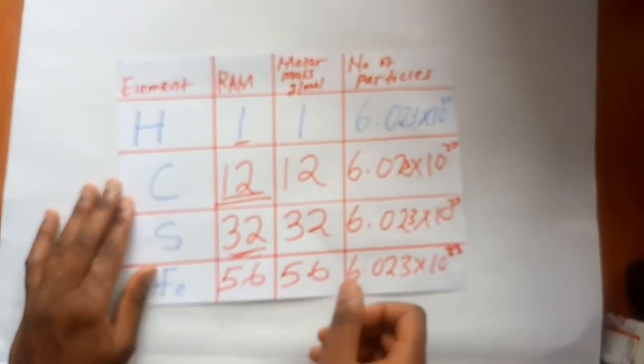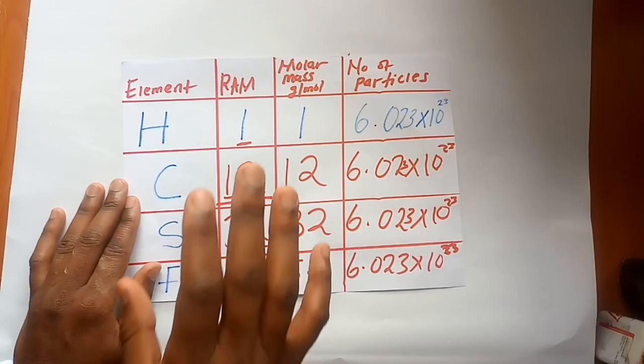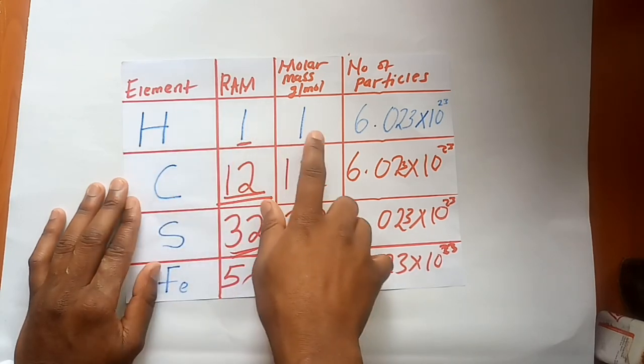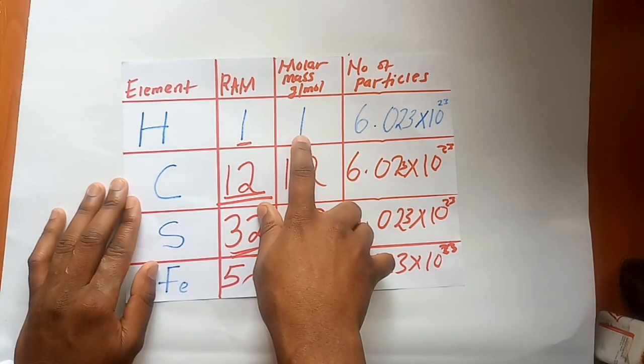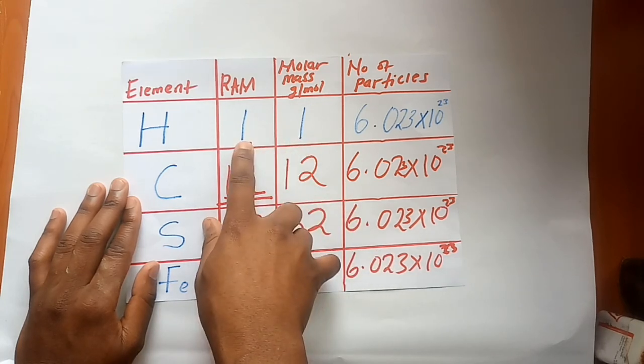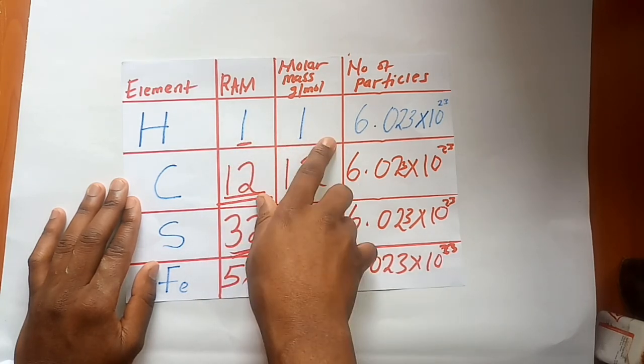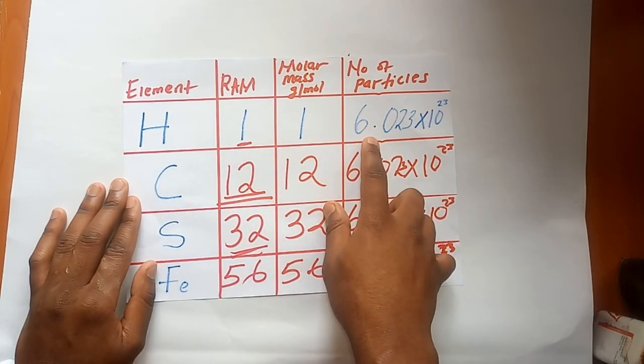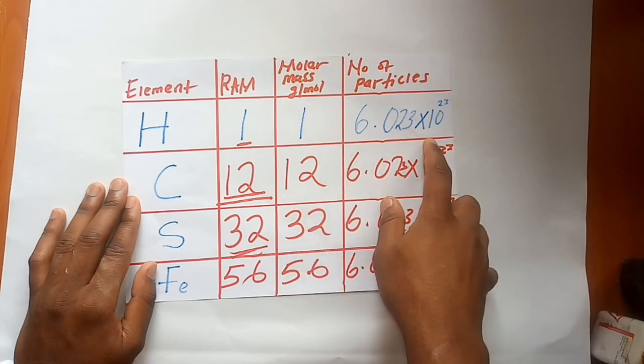What else have we seen? We have seen that the RAM of any element gives you the molar mass of that particular element. What you're saying is that the RAM gives you the mass of 1 mole of atoms of that element. The number of particles in 1 mole, we have said, is the same.